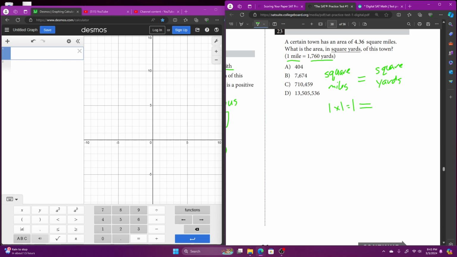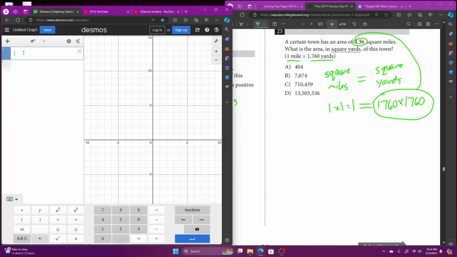That equals how many square yards? 1,760 times 1,760. Bigger number, okay? So we have to take this answer and then multiply it by our 4.36 square miles. So 1,760 squared times 4.36, and we're at our 13 million over here.